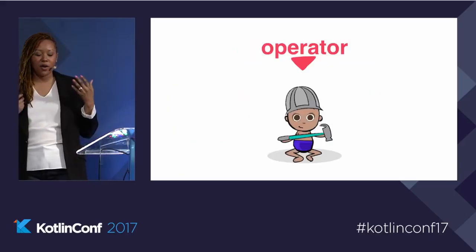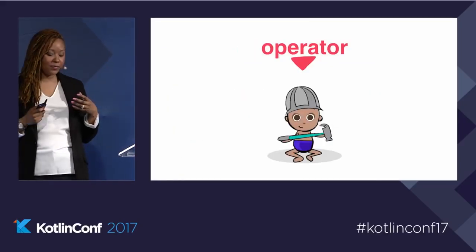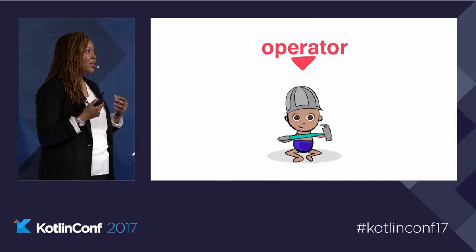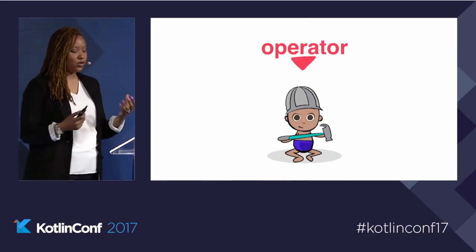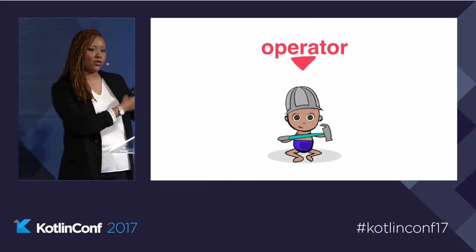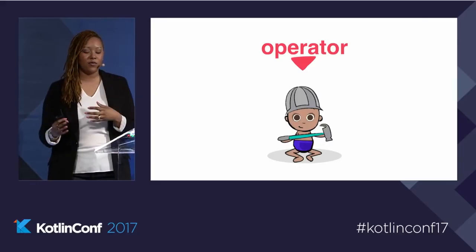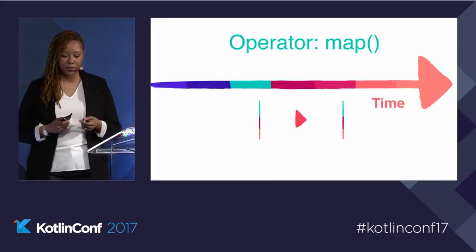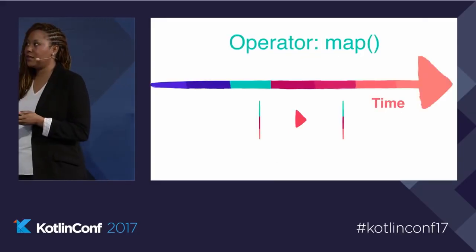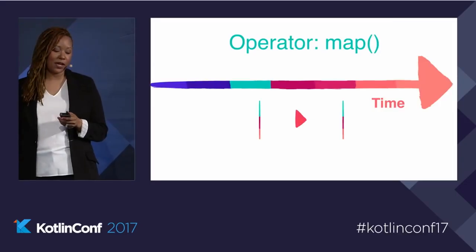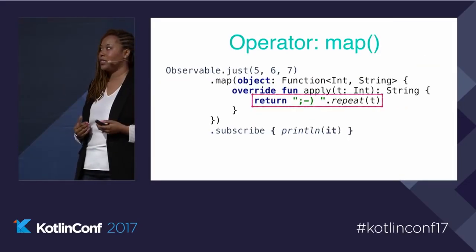So now we're ready to talk about the operators. And the operators are what help you to transform, combine, and as we saw earlier, create observables. So let's look at an example. We're going to take our friend, the map operator that we've seen a few times already, and the integer that it receives.